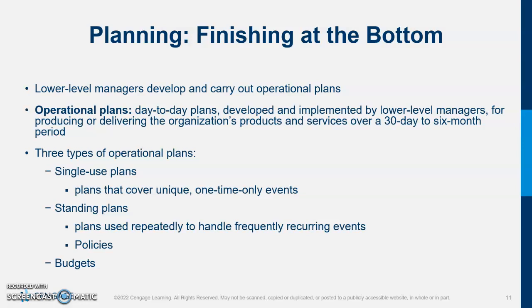That's a unique event. Or standing plans, things that occur regularly, those policies and regular activities that need to be done. So let's say if you've ever worked in a retail environment, there will be standing plans on how the retail establishment needs to be closed at the end of the day. So how to handle the money, what things need to be picked up, cleaned, organized, how to lock up, etc. And then the lower level managers also work with budget.